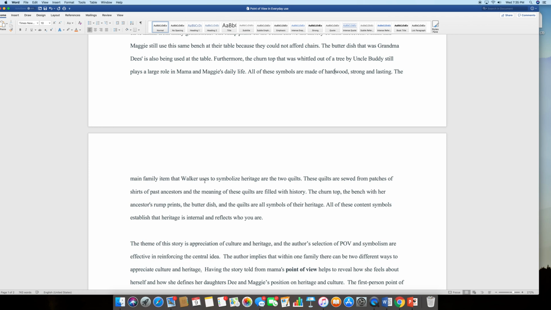Maybe: the other family items that Walker uses to symbolize heritage are two quilts. These quilts are sewed. I'll check this word out. I think it should be sewn. I'll check it. From patches of shirts of past ancestors. And the meaning of these quilts are filled with history. Ooh, we have two complete sentences fused by a comma. What do we need? I think we need a conjunction.